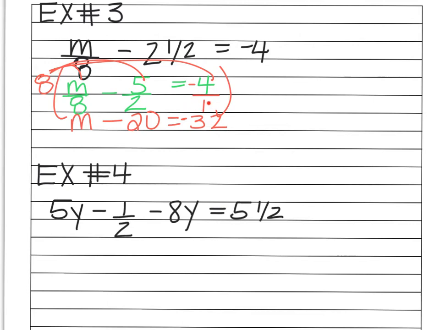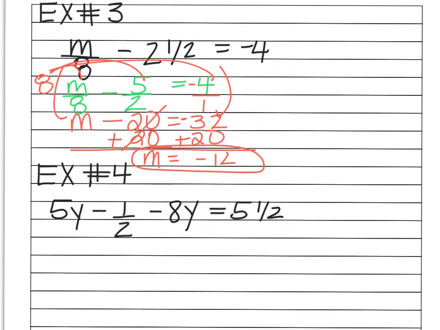And here you know that 1 goes into 8 8 times. So you do 8 times negative 4 is negative 32. So now you've gotten rid of all your fractions. So now you can just go ahead and solve this. And these will go away. And then you'll have m equals negative 12.